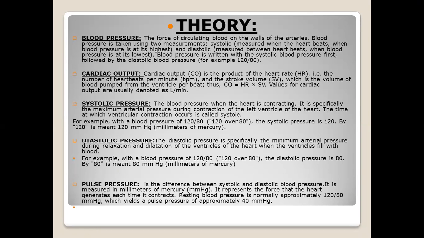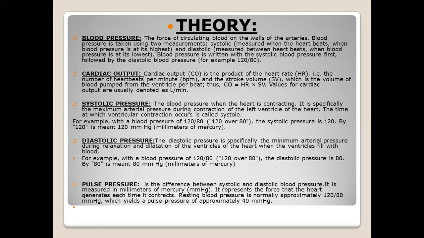Second, cardiac output. What is cardiac output? Cardiac output is the product of the heart rate and the stroke volume, meaning how much volume is ejected from the heart in one beat. Per beat, how much blood is ejected from the heart is known as cardiac output. The other thing is the systolic pressure.